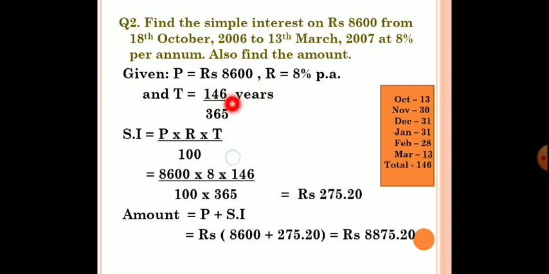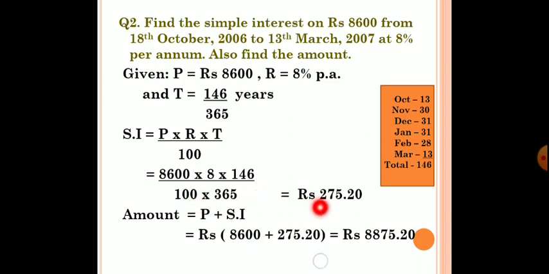Converting these days into years, we write it as 146 by 365 years. Putting in the formula for simple interest, P into R into T divided by 100, that is 8,600 into 8 into 146 divided by 365. Also, since there is a percentage, we write 100 in the denominator.